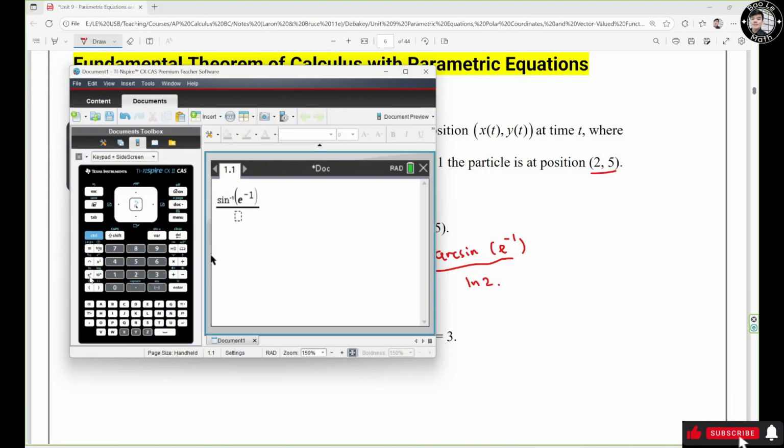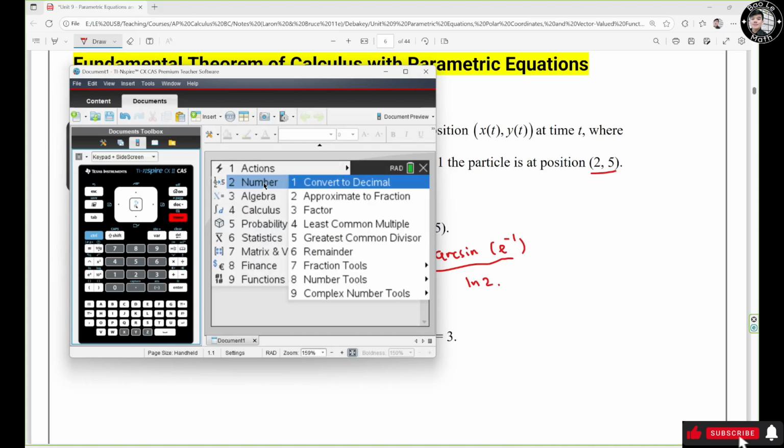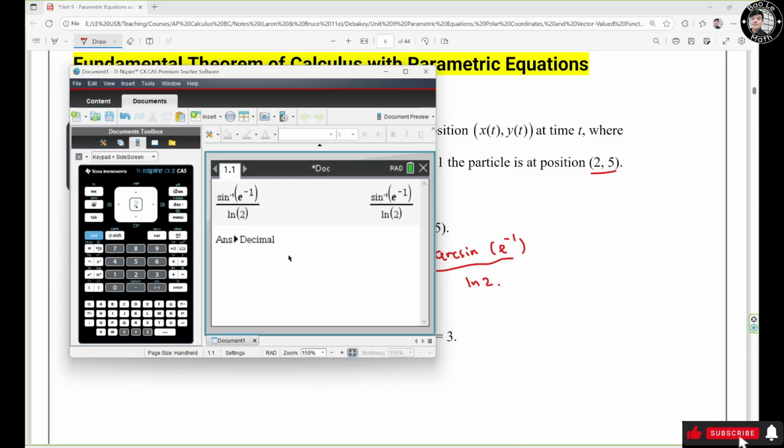Press control enter, put 2, hit enter. Then you're going to convert this to decimal. Press menu, number, convert to decimal, and press enter. The answer is 0.543.